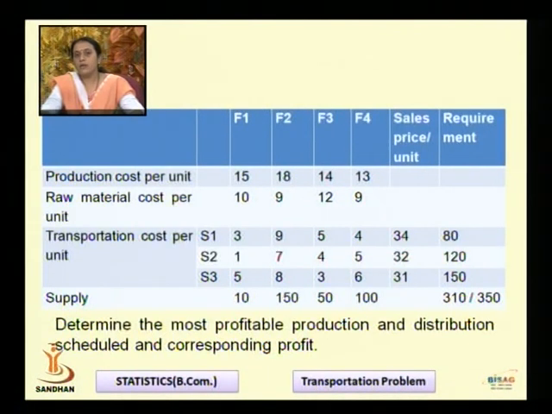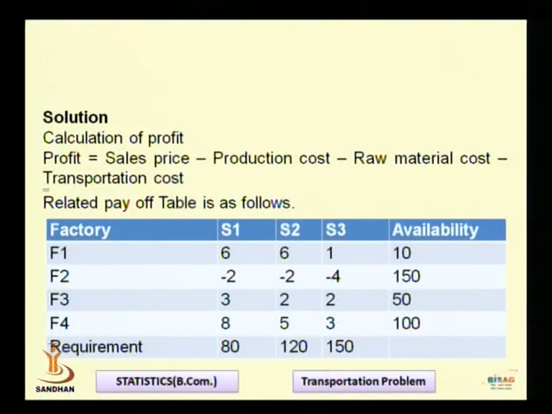And our main aim is to determine the most profitable production and distribution schedule. So we need the corresponding profit. This situation can be solved by first calculating the profit. The formula of profit equals sales price minus production cost minus raw material cost minus transportation cost.